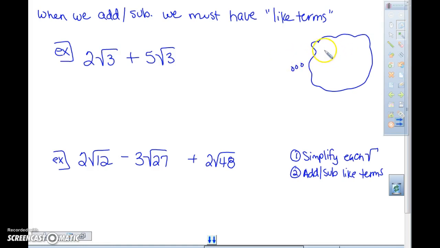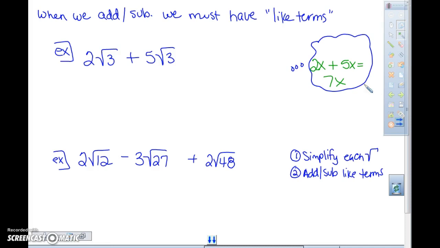Now what you can think of, and try to relate this back to something that you already know: if you had 2x plus 5x, what would that equal? 7x. It's just 7x, no squares. We're not multiplying, okay? We're just combining like terms. It works very similarly with square roots or radicals.